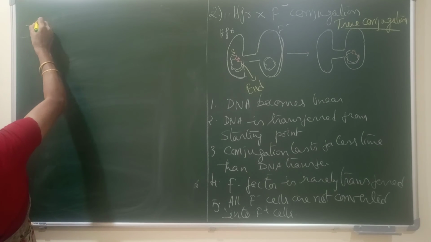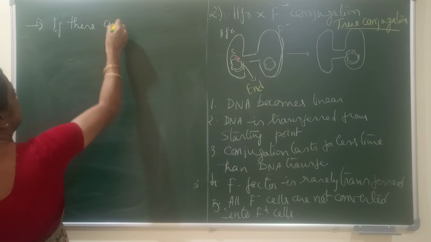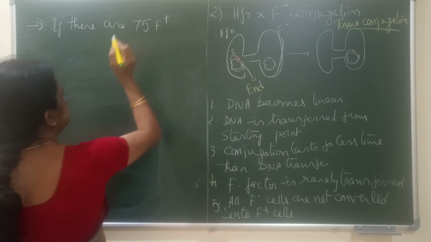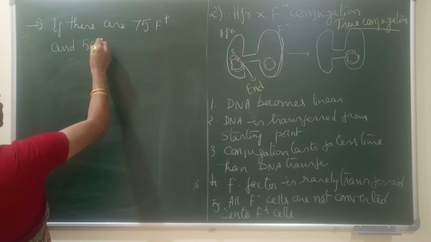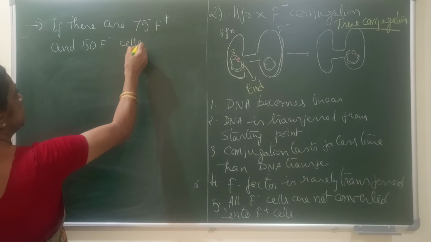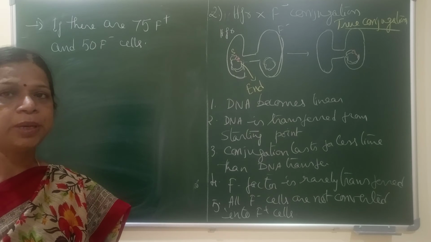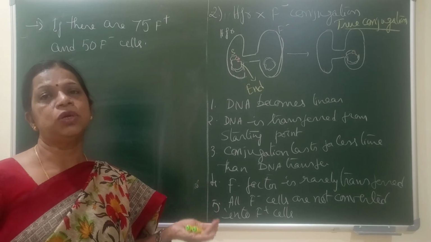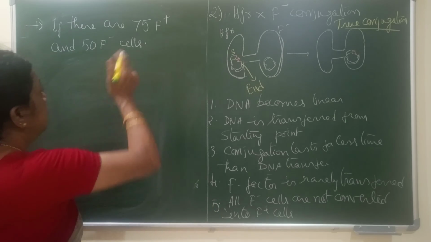The question says: if there are 75 F plus and 50 F minus cells, and at the end of conjugation, if conjugation is taking place between all the cells.